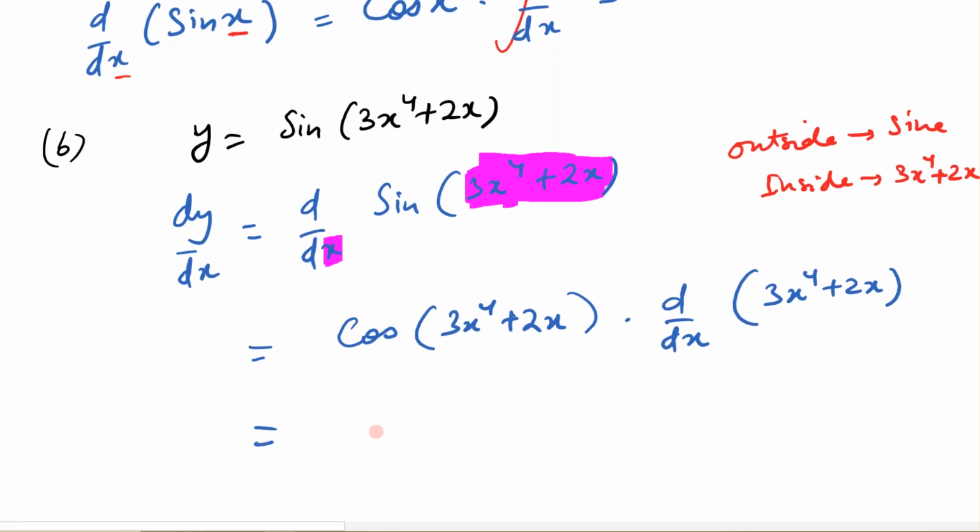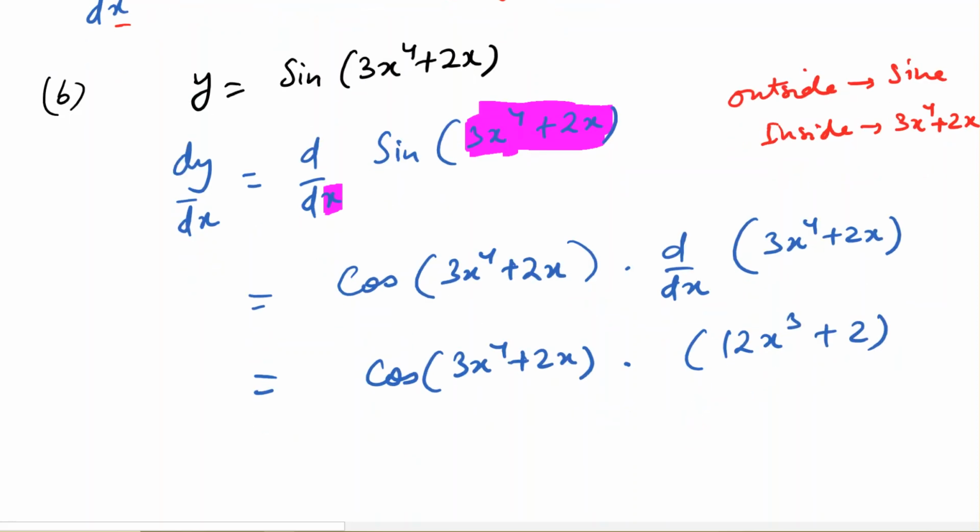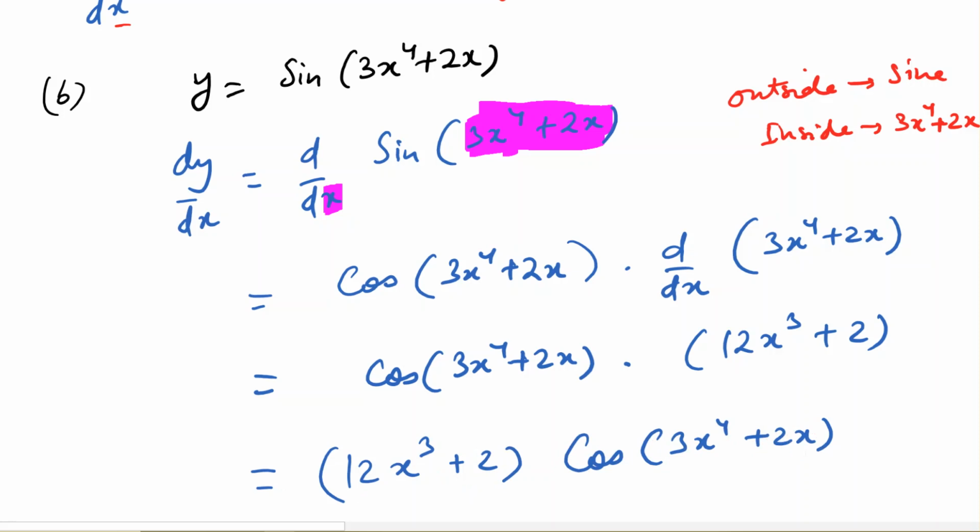We get cosine of 3x^4 plus 2x, and the derivative of 3x raised to power 4 would be 12x cubed, and the derivative of 2x would be 2. It's better to write the polynomial in front so that we know for sure it's not inside the cosine. So let's write this as 12x cubed plus 2 times cosine of 3x^4 plus 2x. It's always a good habit to write like this so that we are not confused. We know that this polynomial is outside the cosine. It's in the multiplication.